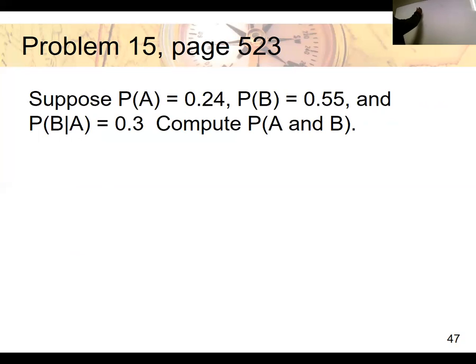Probability of event A is 0.24. And the probability of event B was 0.55. And the probability of B, given that A has occurred, was 0.3.